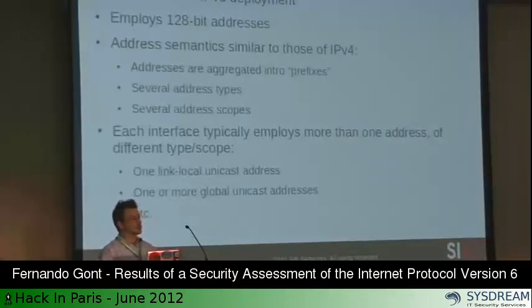So it's not unusual, for example, to see that for a network interface card, you may have one link-local address, a couple of global addresses, and so on. But that's it when it comes to the similarities and differences between the two protocols.